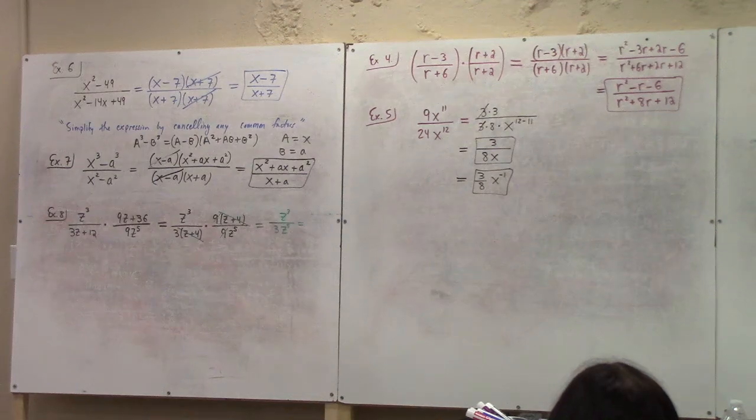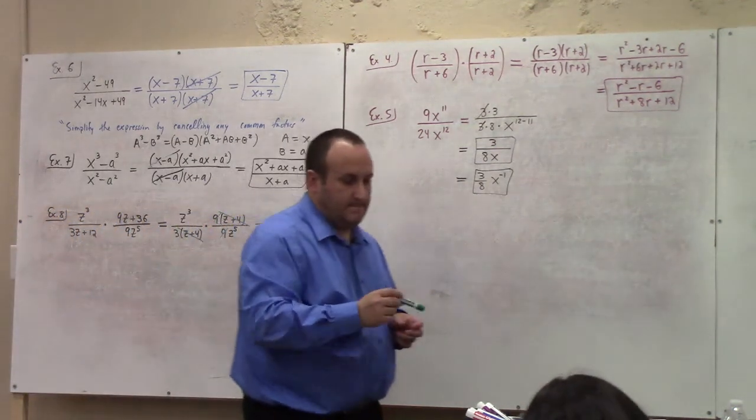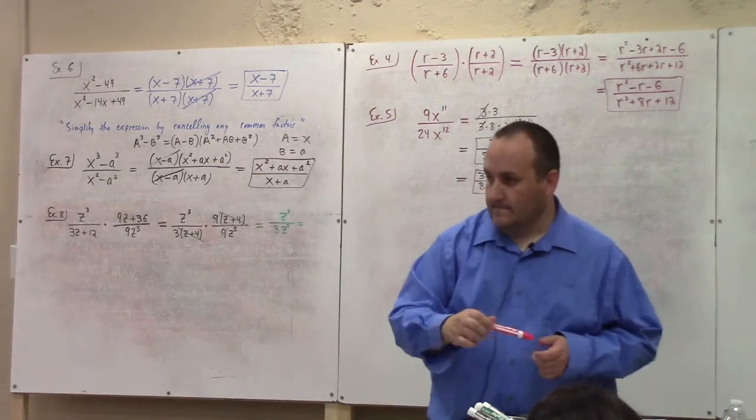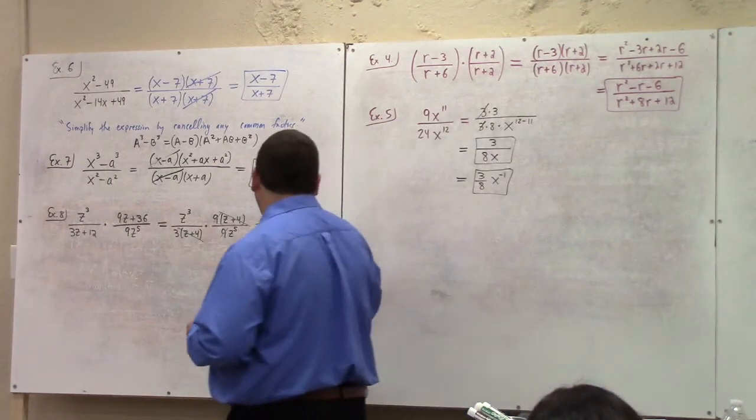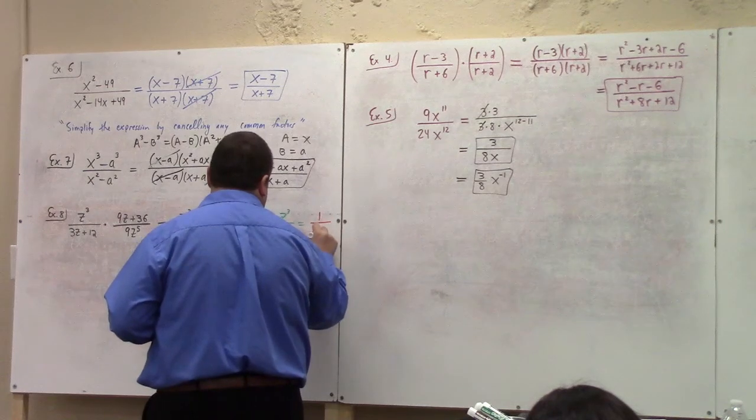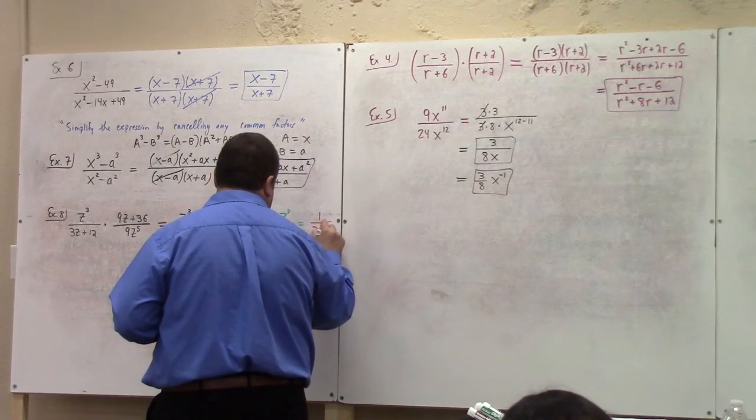And we can reduce that further, right? That's what? 1 over 3z squared, right?